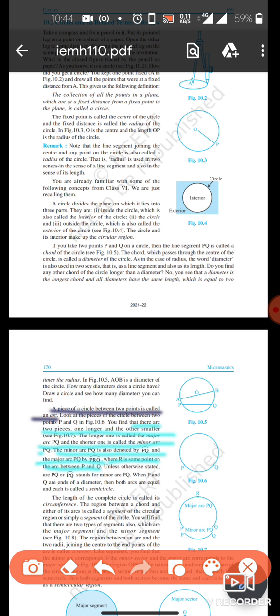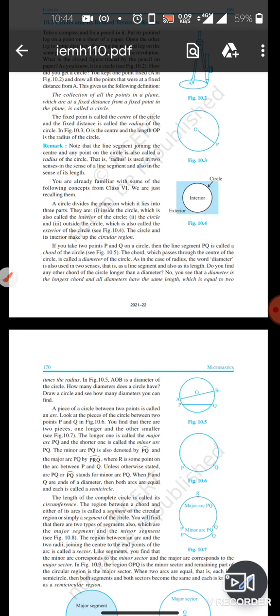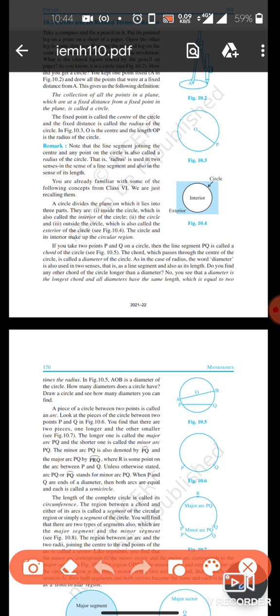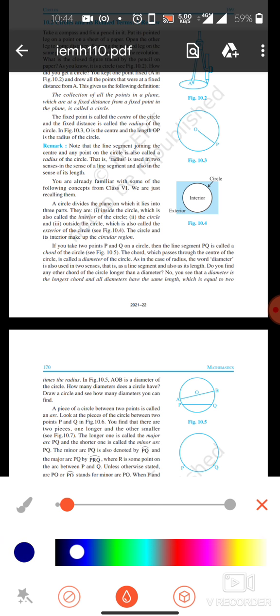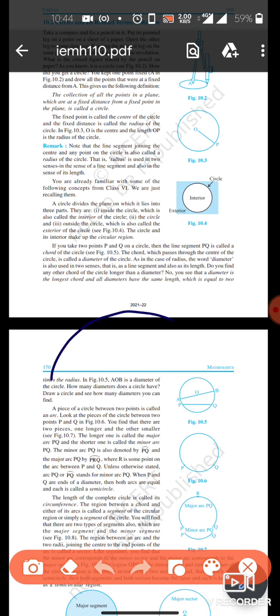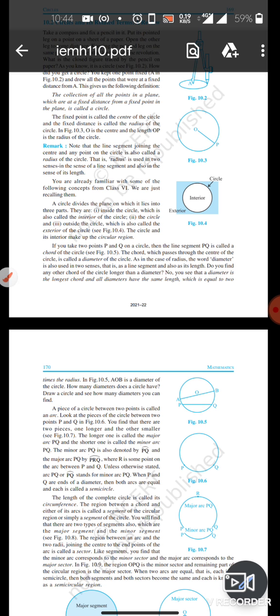Now the situation is, if we have a circle and both the arcs in the circle are equal. Suppose I have a circle this way, and both the arcs are equal. For making both the arcs equal, I will make a diameter.